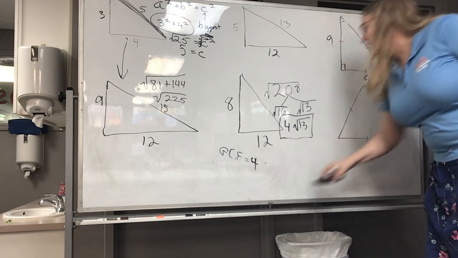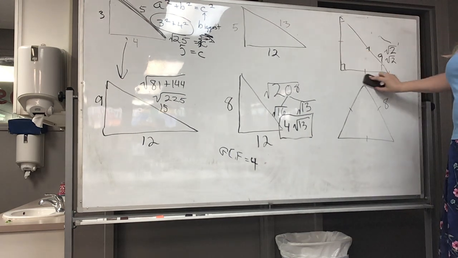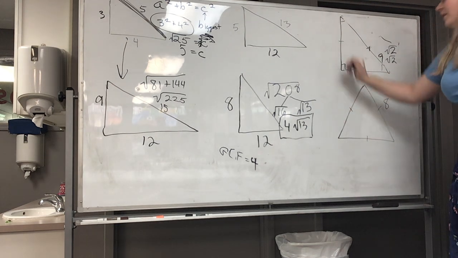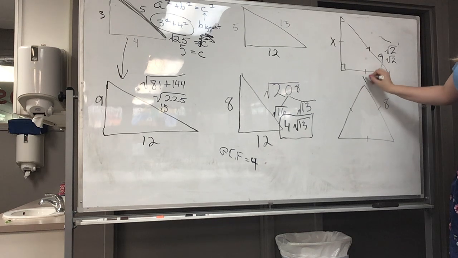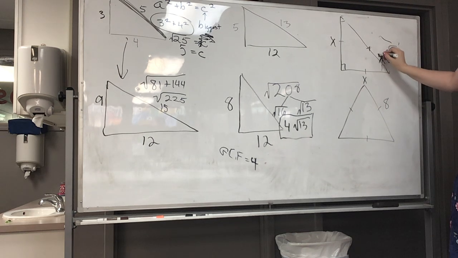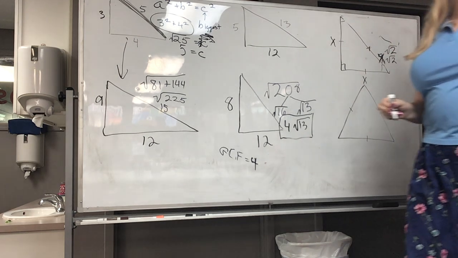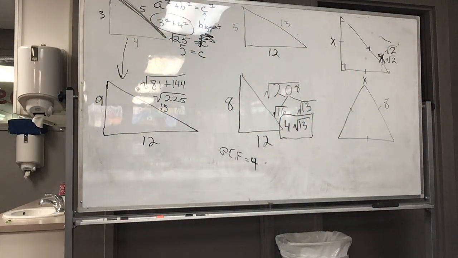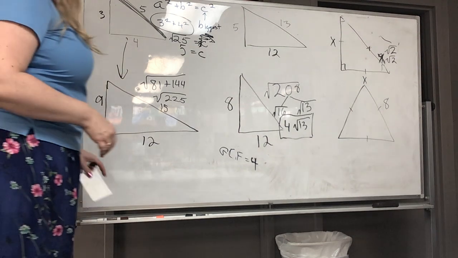If I tell you that it's 280, it's going to be 280 square roots of 2. Whatever the side of this square is, it's going to be that times the square root of 2. And so that's what makes this a special right triangle. It's always the side length times the square root of 2 when you have what's called a 45, 45, 90 triangle, or half of a square.